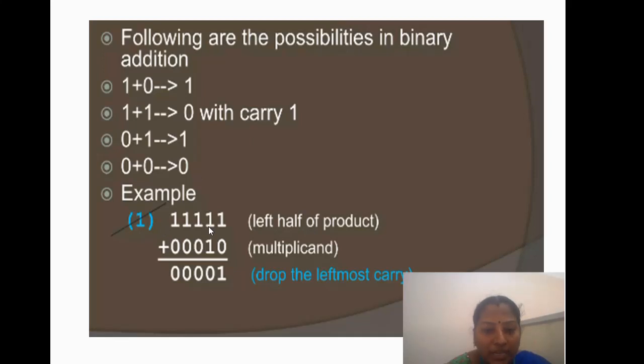For example, if the product has been given as 111, represented as a signed number, and then the multiplicand is added, the carry will be placed as 1 each time, and the remaining carry will just be dropped. Okay, this is how you perform binary addition.